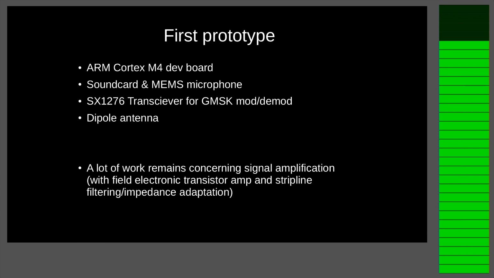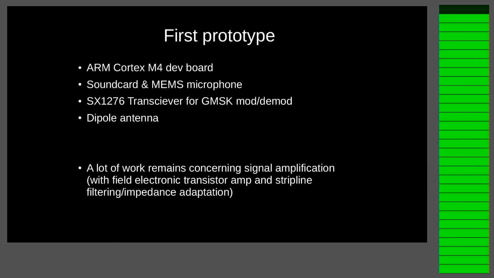We have created a functional prototype that is here. This functional prototype is using prototype STM cards that are themselves using ARM Cortex M4, a sound card and a digital microphone. We use a transceiver for the GMSK modulation and demodulation.